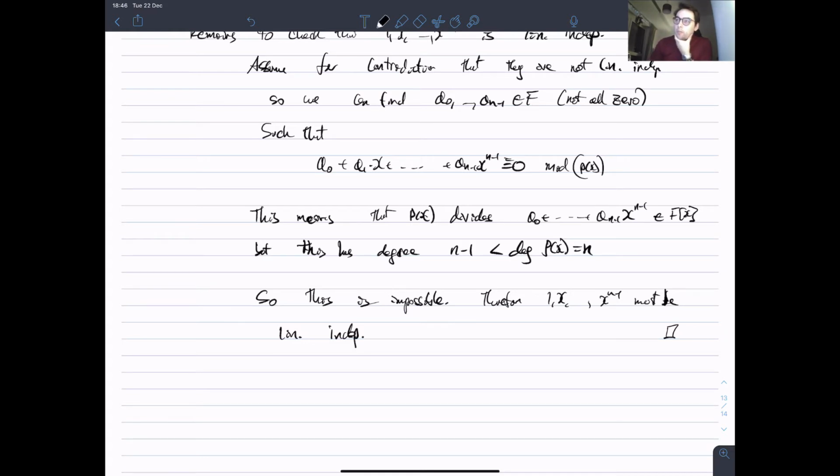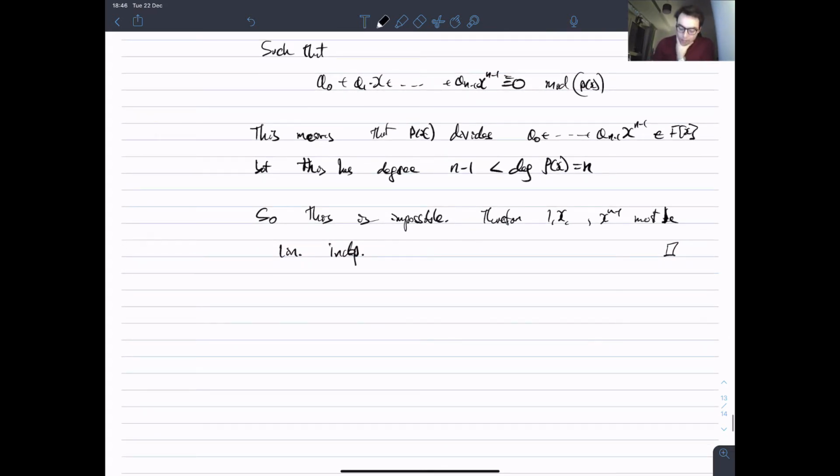Okay, so let me give a definition of some other types of fields. So here's definition 1.3.3.